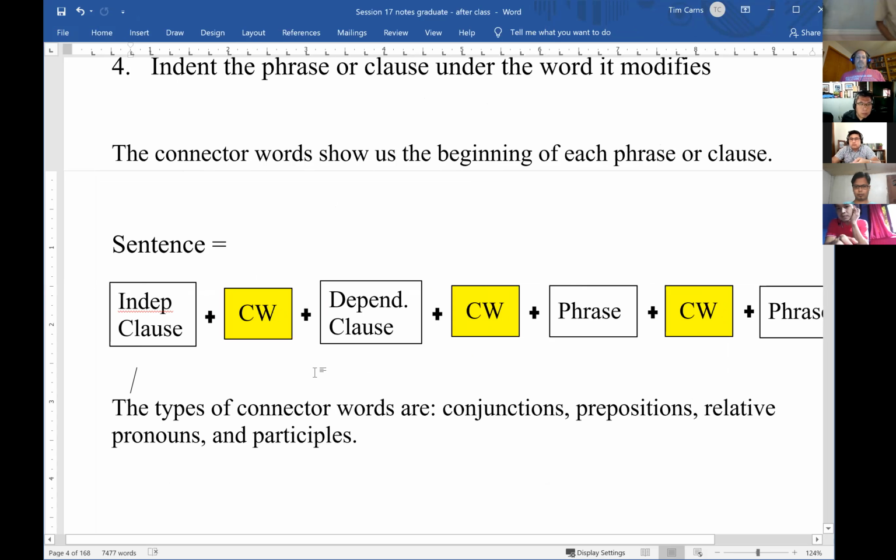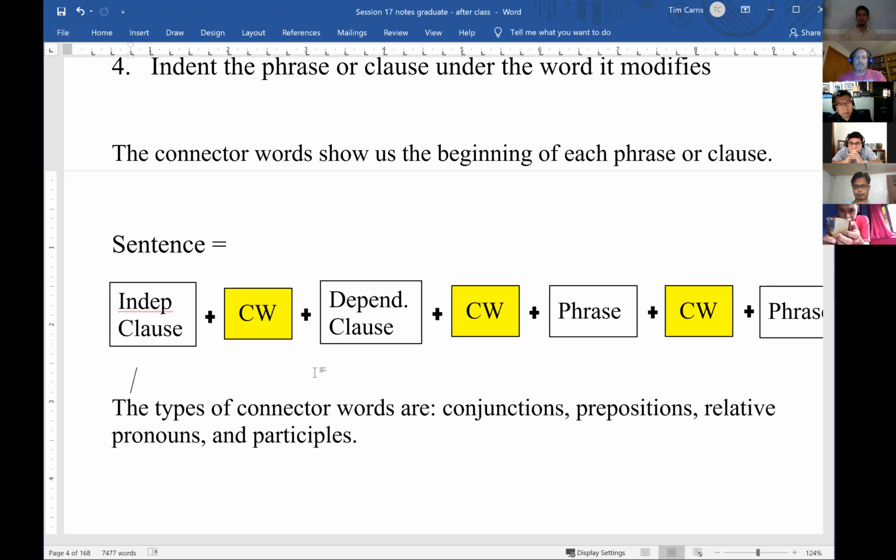And again, those connector words are what we've been focusing our attention on, because if you understand the connector words, then that tells you a lot about how that clause or phrase they are introducing is functioning within the sentence, whether it's what it's modifying and how it's modifying it.